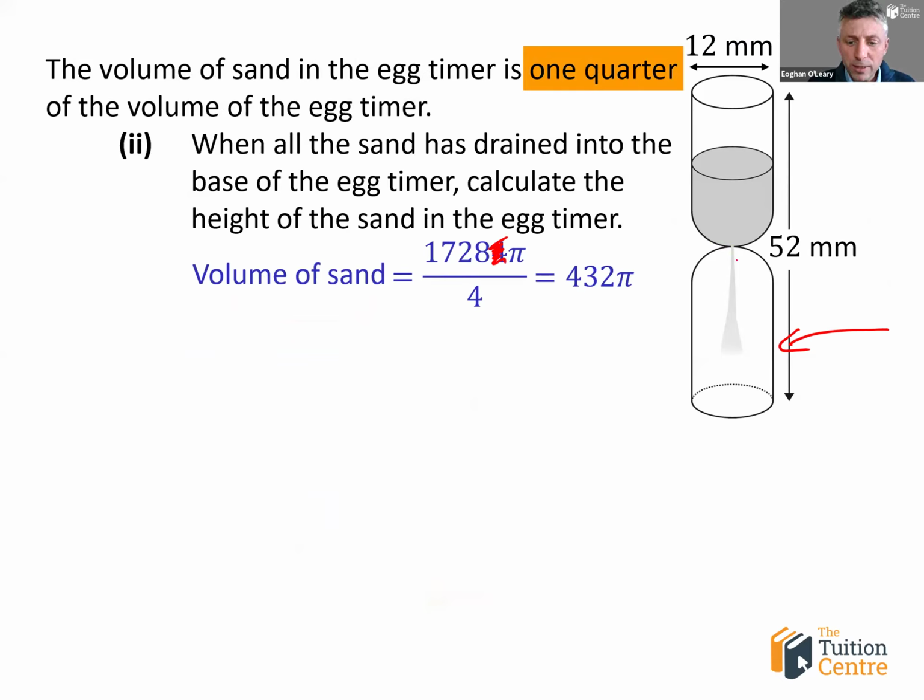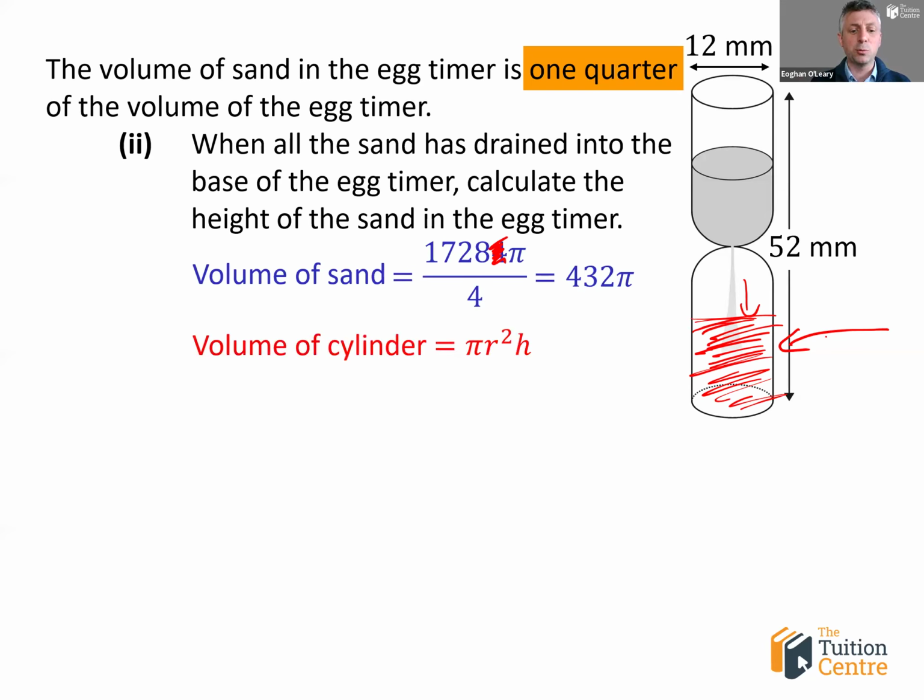Now, it's going to drain down, as we can see here, into the bottom cylinder. We're going to have to take a guess here at the start, but common sense says that all of the sand is going to fit inside the cylinder part. It's not going to reach the hemisphere below. And that's going to turn out to be true. So the volume of the cylinder is pi r squared h, and that volume is equal to 432 pi.